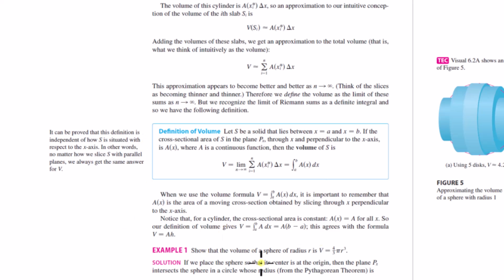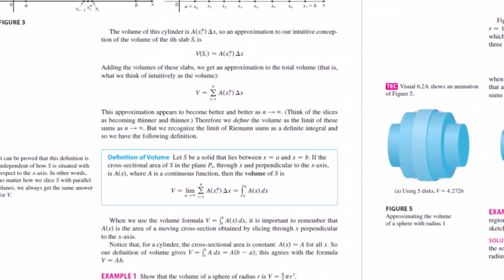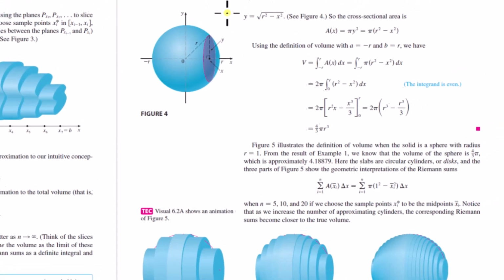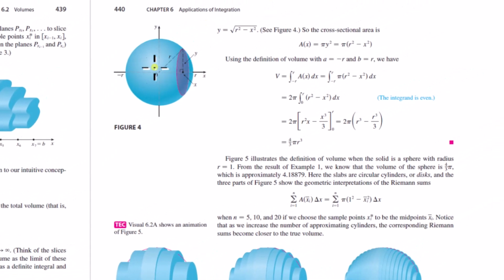Okay, so it says, example 1, show that the volume of a sphere of radius r is 4/3 pi r cubed. If we place the sphere so that its center is at the origin, then the plane P of x intersects the sphere in a circle whose radius is... So the idea is we have the sphere centered at the origin, and we're going to walk along the x-axis.